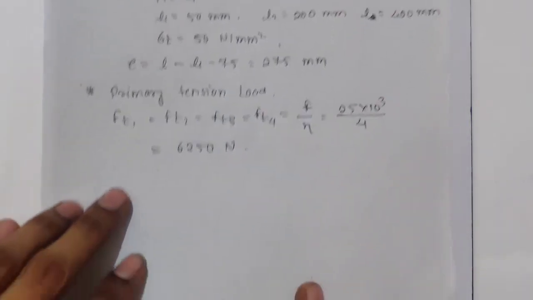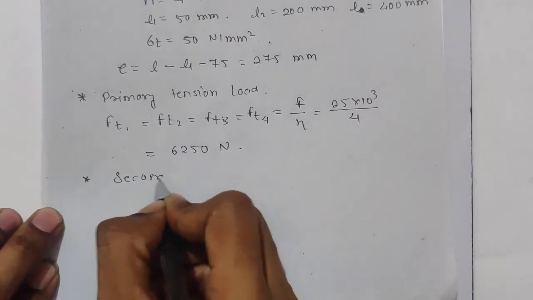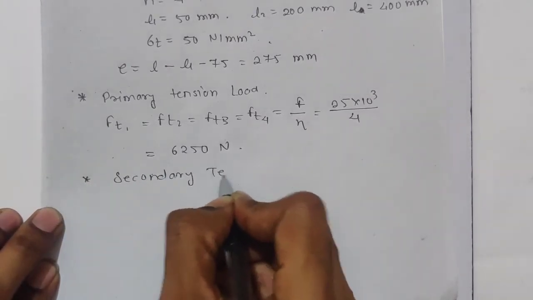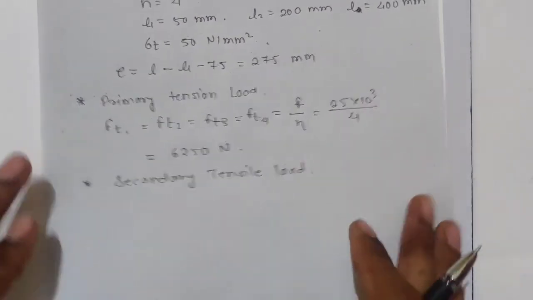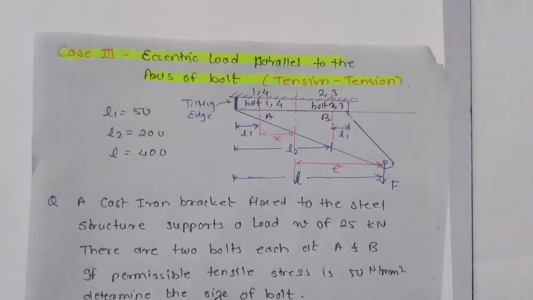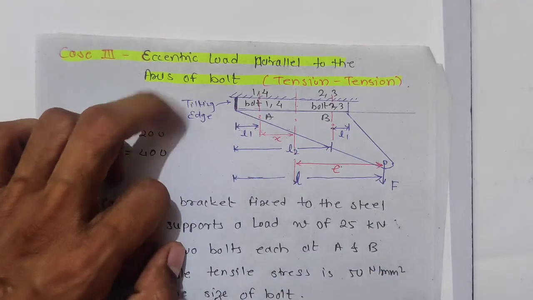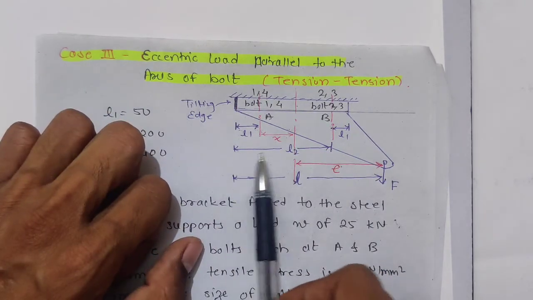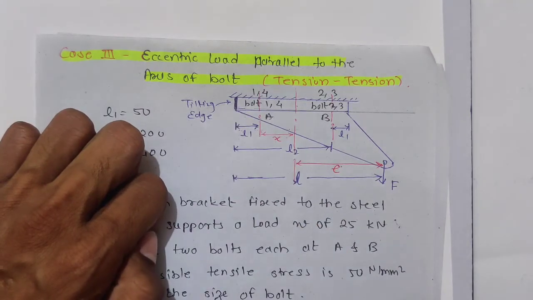Right. So remaining is the secondary tensile load. Now tell me which bolts are heavily loaded. The bolts which have maximum distance from the tilting edge will be highly loaded.